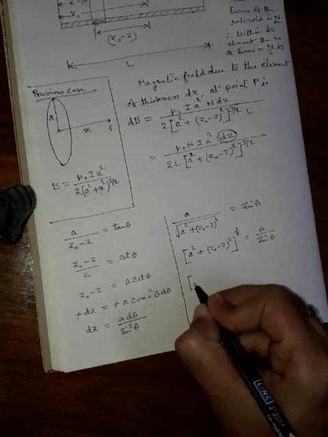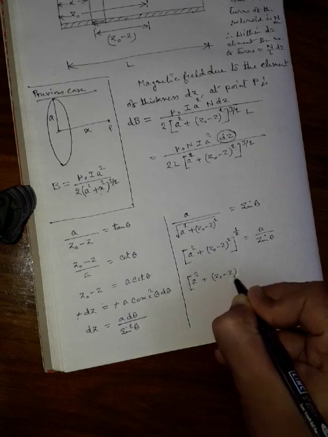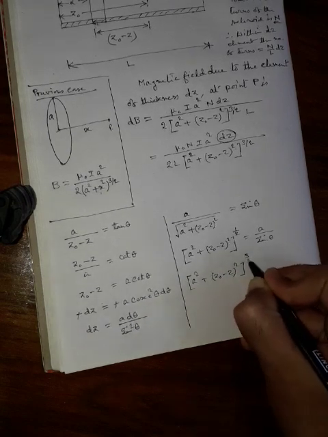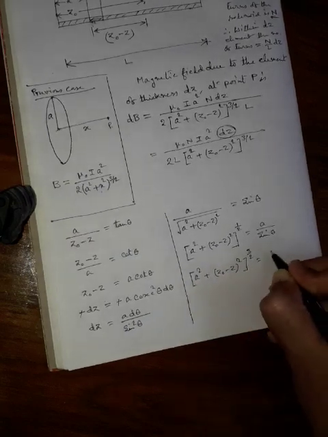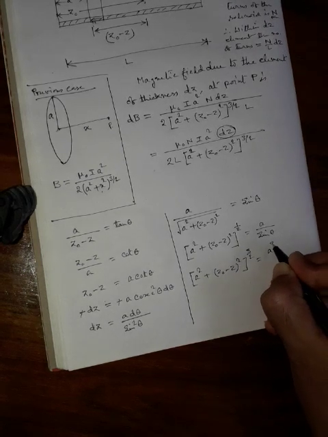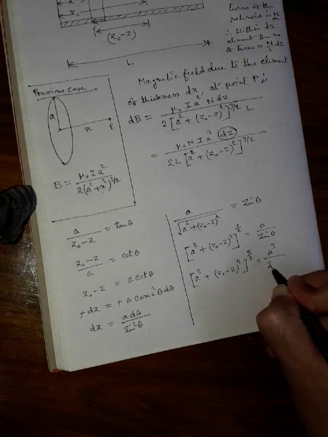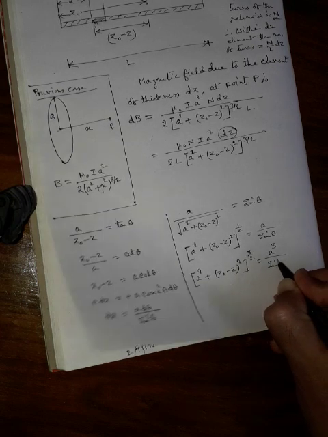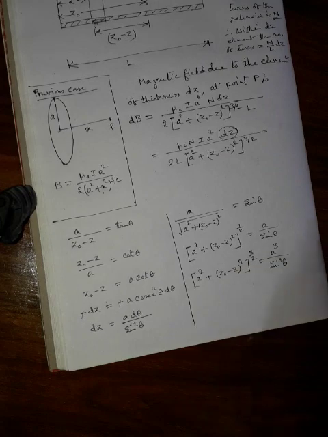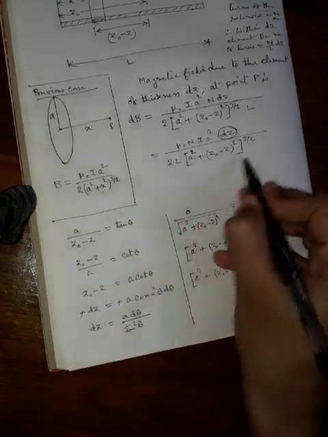Or a square plus z0 minus z whole square whole to the power 3 by 2 is equal to a cube by sine cube theta. Now replace these two in this equation.